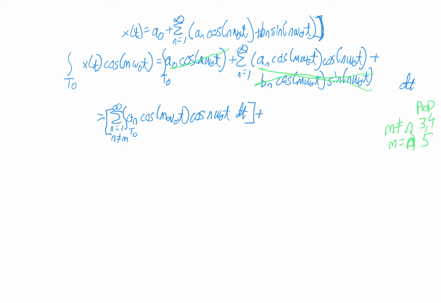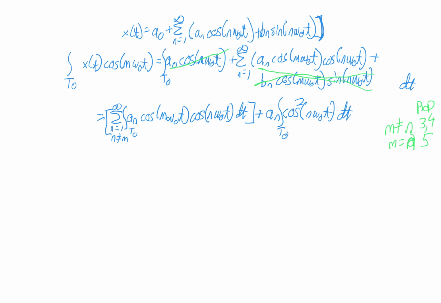So when n and m are equal, we have a of n cosine. Now the m is equal to n in this case, so I write n omega naught t. And that is actually equal to the second term when n and m are equal. So here we get a cosine squared. And that is also being integrated over a period t0.